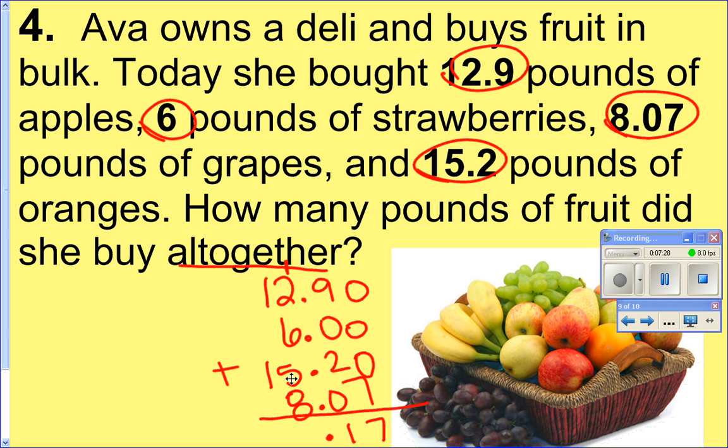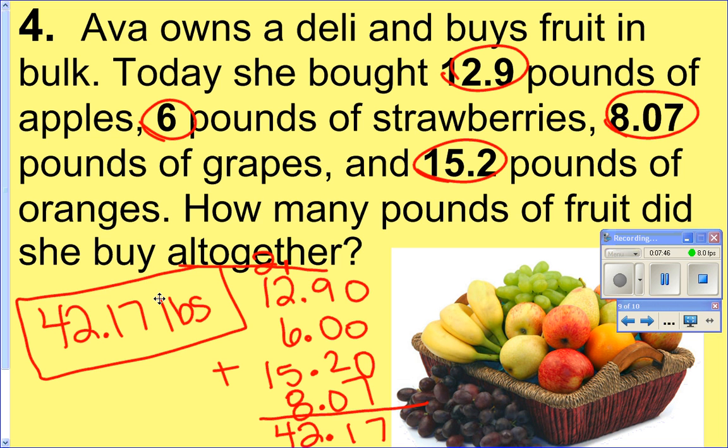Plus 5 is 14. Plus 8 is 22. So you have 2 and 2. 2 plus 1 is 4. So the total amount of fruit that she bought is 42 17/100 pounds of fruit. Okay. If you need to pause it and work this out and copy down the correct answers, you can do that.